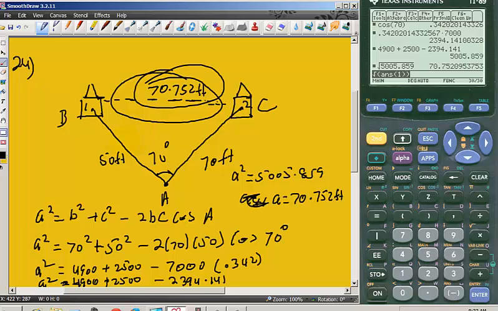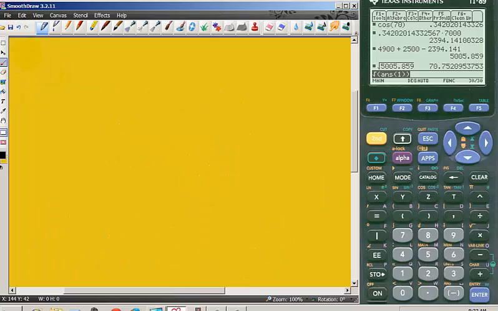All right, 25. I guess this is the hardest one. It says a Major League Baseball diamond is actually a square that is 90 feet on each side. So let's draw a square.